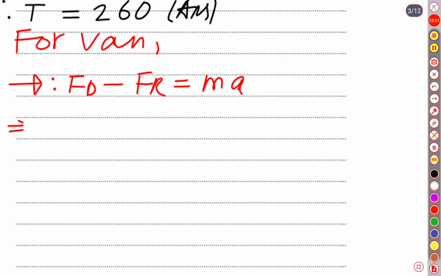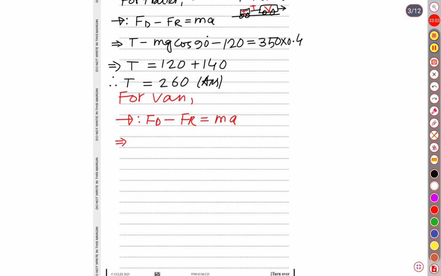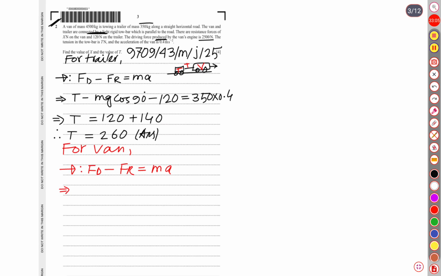Driving force is already given, so let us see how much is the driving force. Driving force is given as 2900 Newton, so let us substitute 2900 minus resistance to motion is the tension.